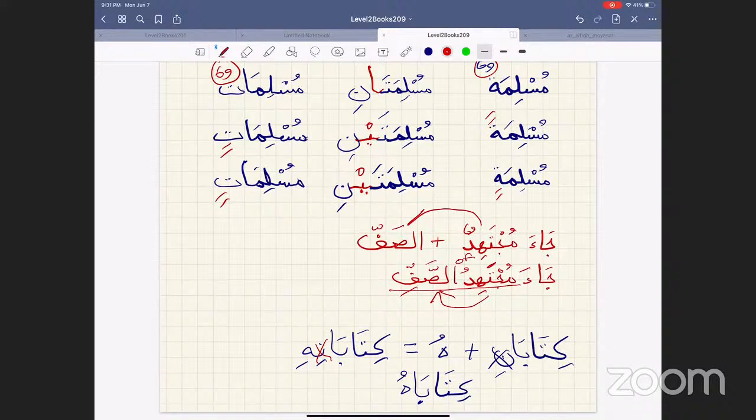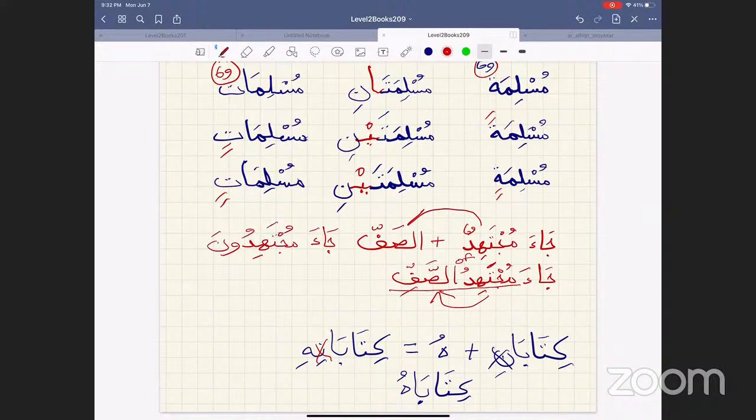Now if we want to say what? Let's say we want to make mujtahid plural: the hard workers of the classroom. So mujtahid becomes mujtahiduna. If we wanted to say the hard workers came, we would say جاء مجتهدون.